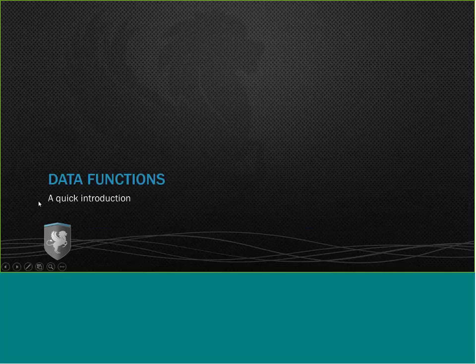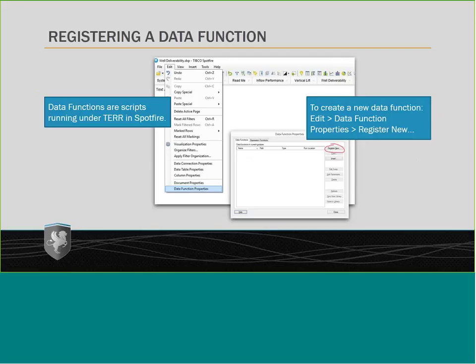So now we've looked at LOESS, we will take a look at how we are going to get that into R and how we are going to utilize it through data functions. TERR is the engine that supports R in Spotfire, and you're going to run the script through that.